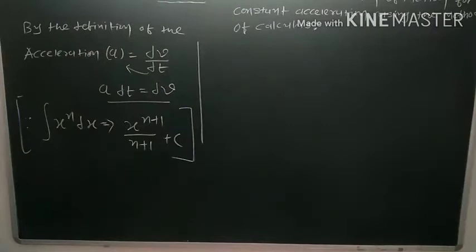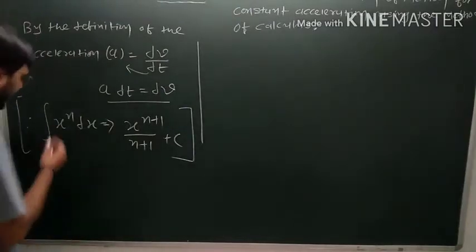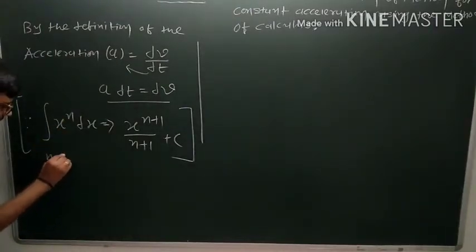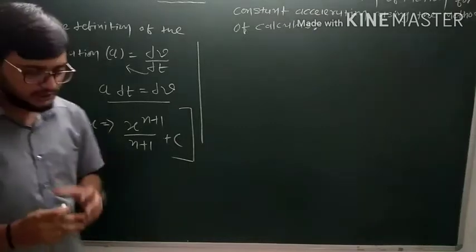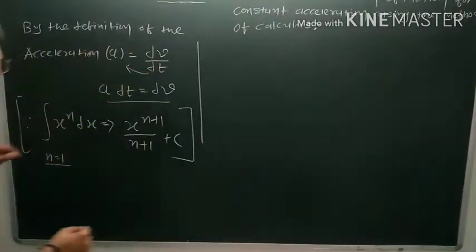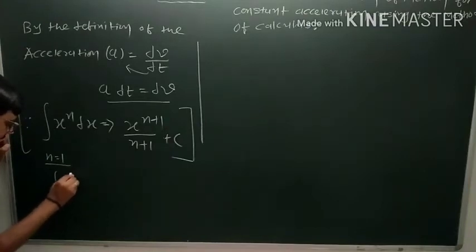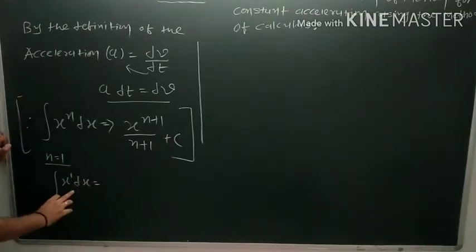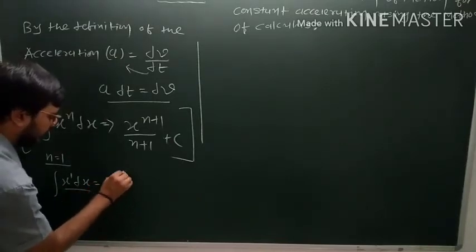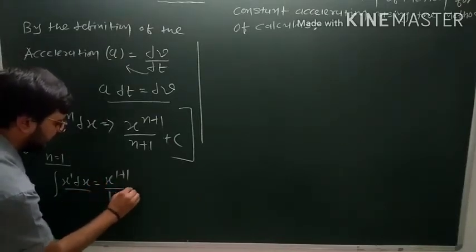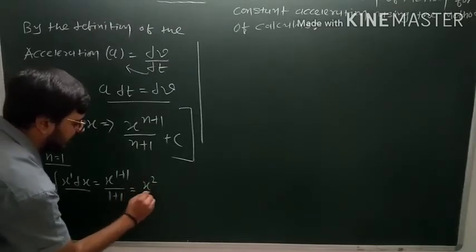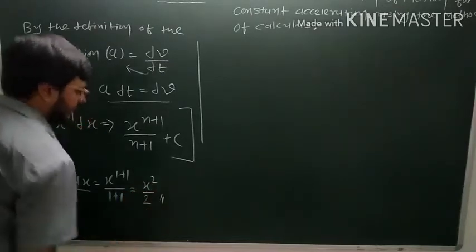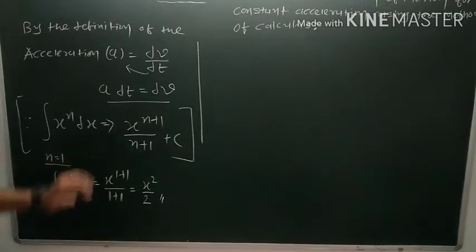Using this identity, suppose we take n equals 1. Then we get the integral of x raised to 1 dx, which is x raised to 1+1 divided by 1+1, so x squared by 2. That's how we integrate using this identity.